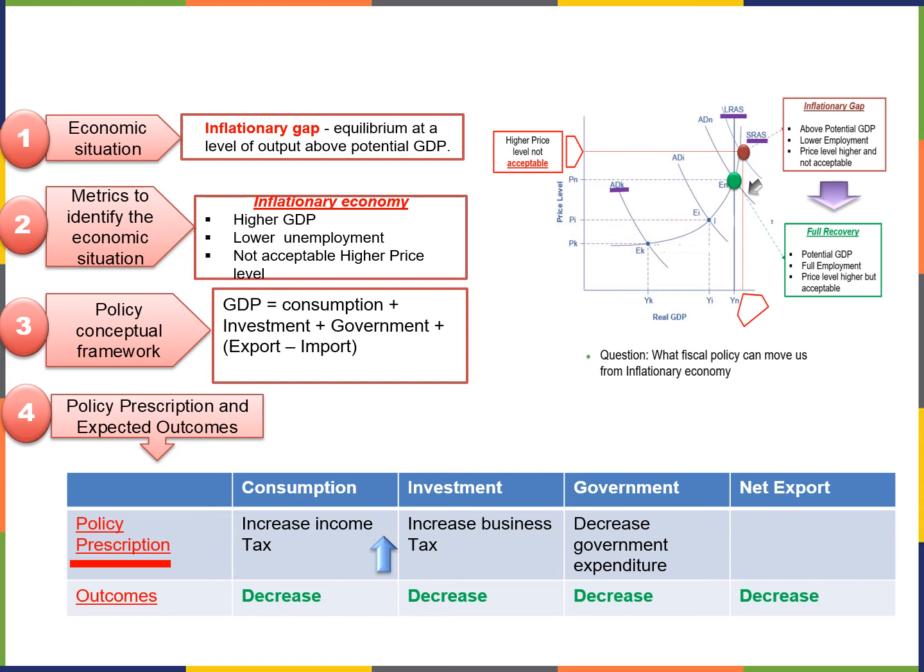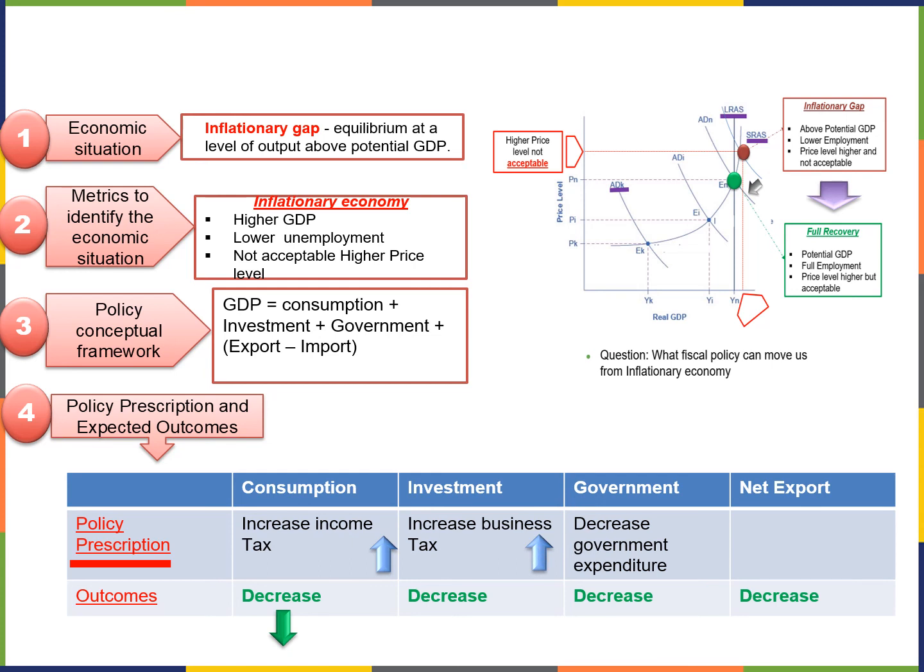Because we want to come from the inflationary gap to full recovery, we need to decrease consumption in order to shift aggregate demand to the left. To accomplish that, if we increase taxes, consumers will not have enough money to want to spend a lot. So that will cause consumption to decrease.